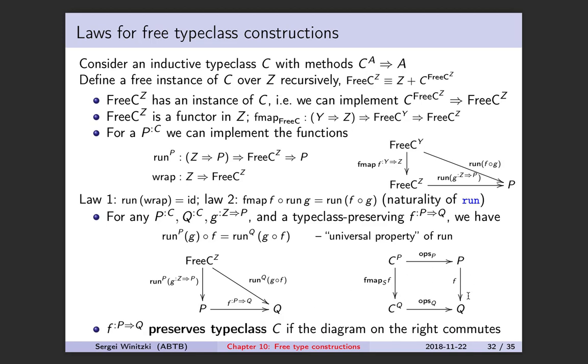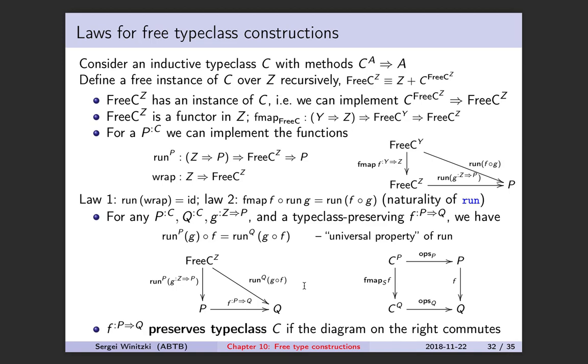So that's automatically guaranteed by this diagram, because the ops value is already all the methods put together into a single value. So if the function f from P to Q satisfies this commutativity condition, then I say it preserves the type class. And for these functions f, you can see in this diagram that you can run first into P, and then you transform into Q, or you directly transform into Q, and that's the same function run that does it.